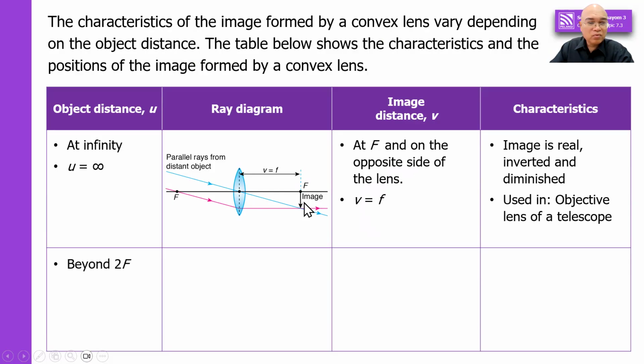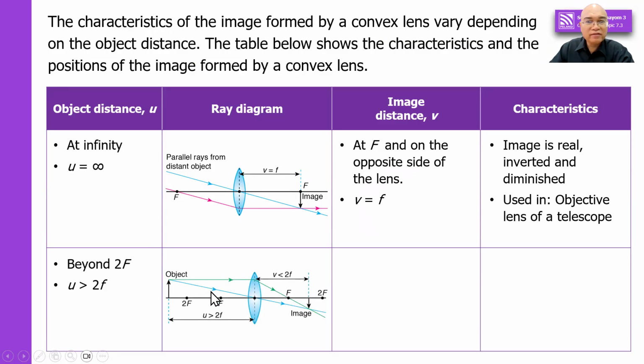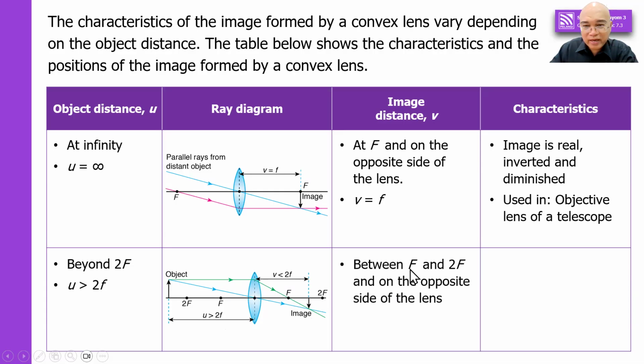All right? What about if it is beyond 2F? So we have here the object distance is more than 2F. And we have this ray diagram as you see on your screen right here. The image is also here. This is the diagram. Try to understand that. And between F and 2F is the image distance.